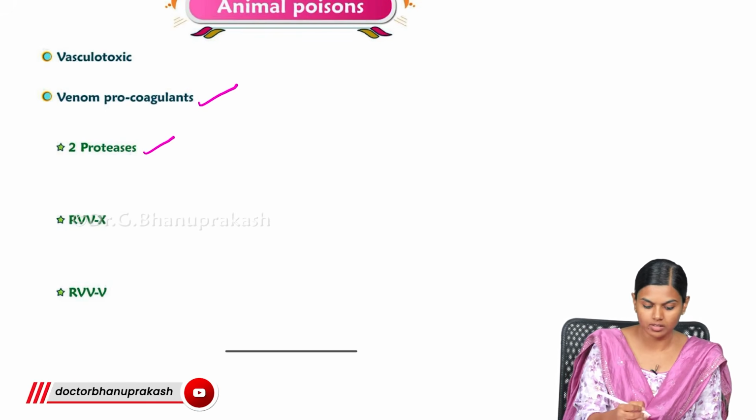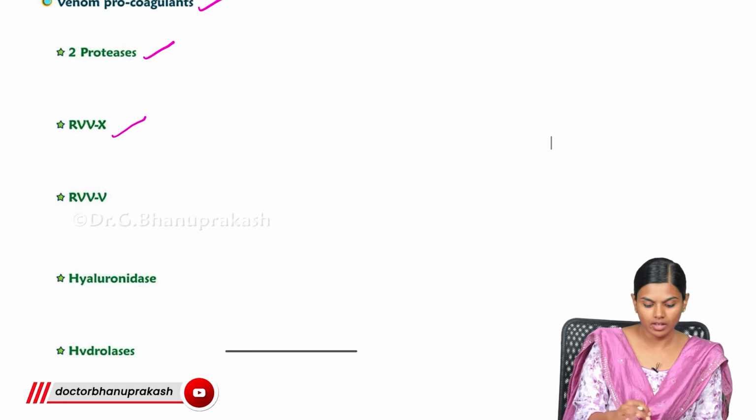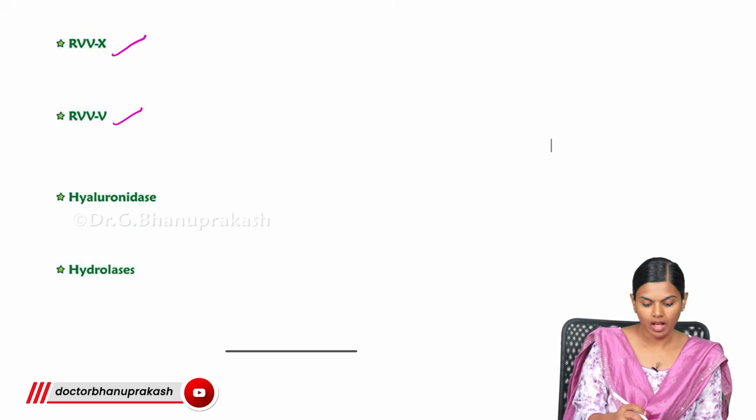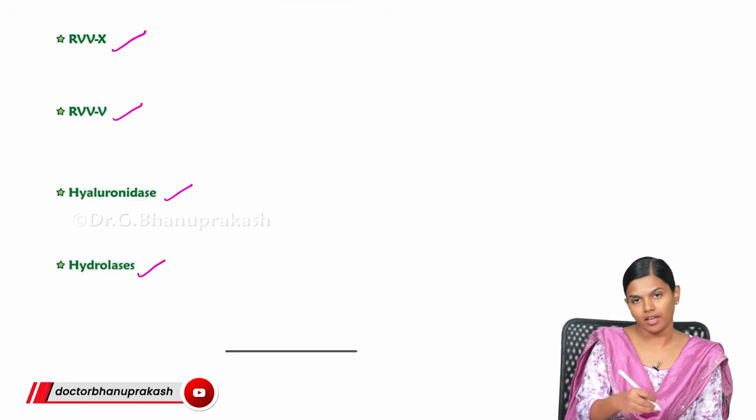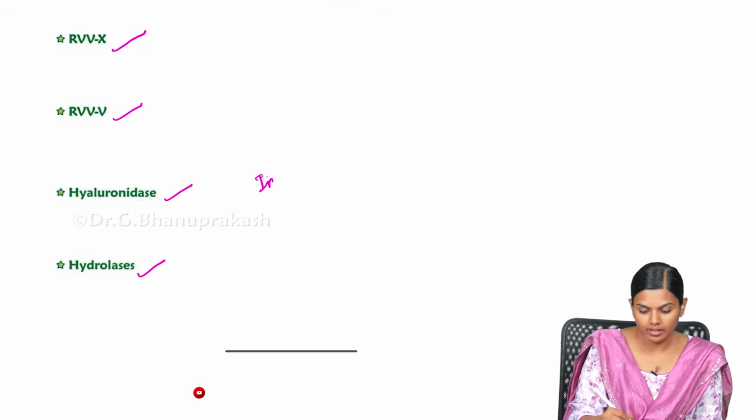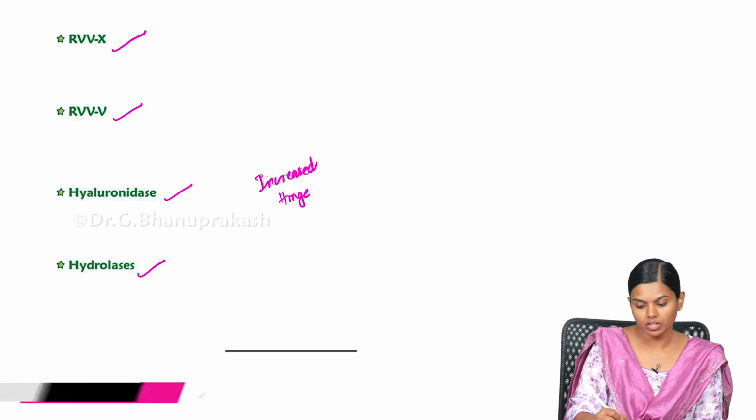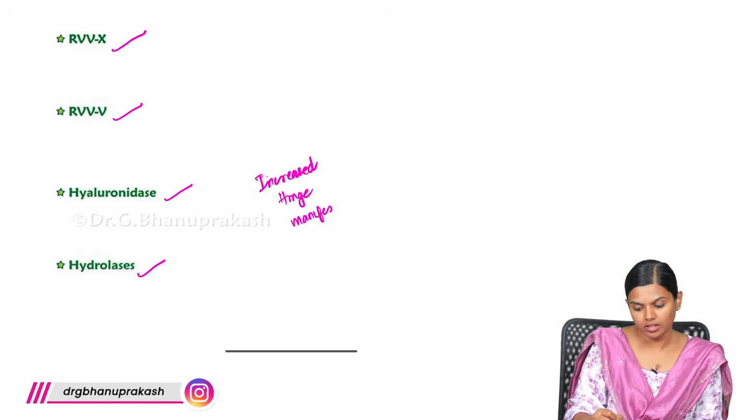So you will have proteases, RVV-X and RVV-5, hydrogenase and hydrolases. Everything will lead to increased hemorrhage. So increased hemorrhagic manifestation is what you will get in the venom.